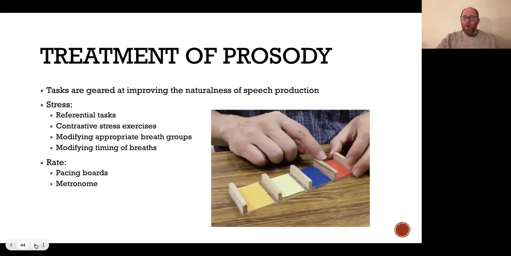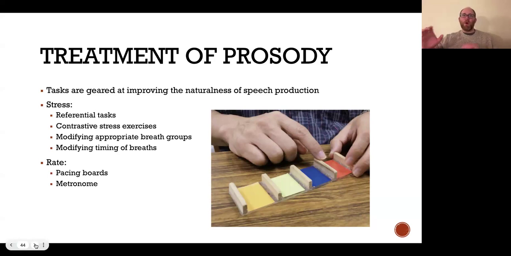As far as treatment of prosody goes, the tasks are usually geared at improving the naturalness of speech production. So if we're looking at treatment of stress, we can have a referential task. They're also kind of tied with the contrastive stress exercise to some degree. In a referential task, you might have the same sentence repeated 5 times, but the stress is changing depending on how you want to get your point across.